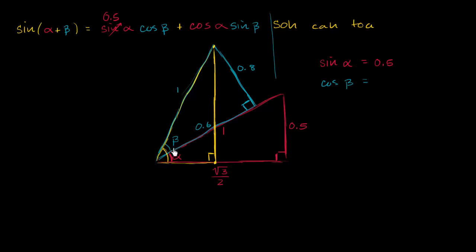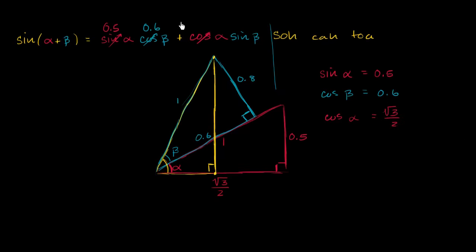The adjacent side is 0.6 over the hypotenuse of 1, so it's 0.6. Cosine of alpha is adjacent over hypotenuse. It's square root of 3 over 2 over 1, so that's just square root of 3 over 2.